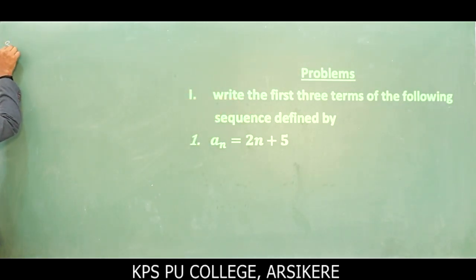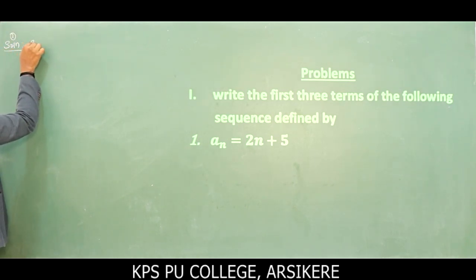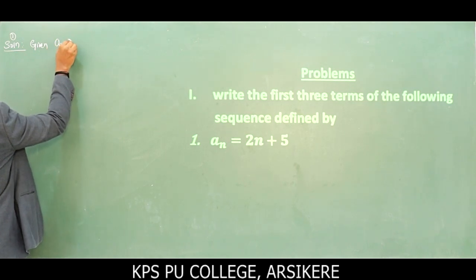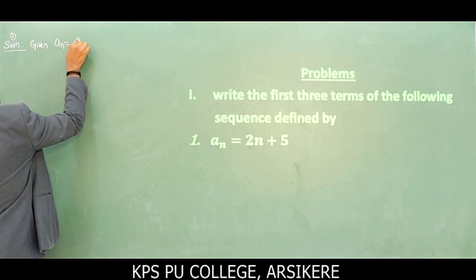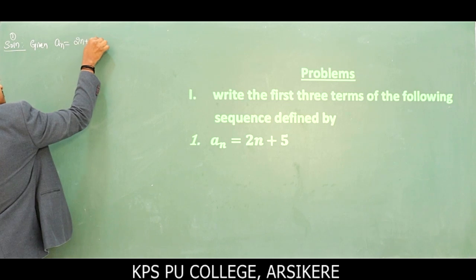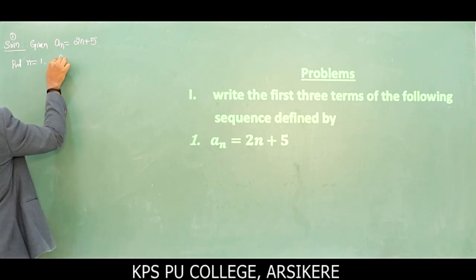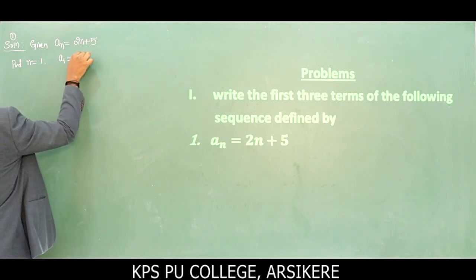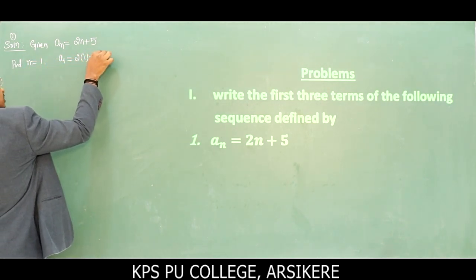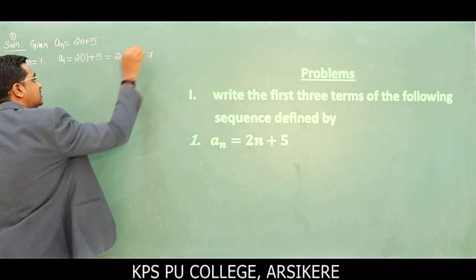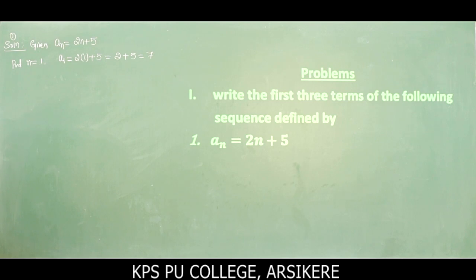Solution for the first one. Given an is equal to 2n plus 5. Put n is equal to 1. We obtain a1 is equal to 2 into 1 plus 5, which is 2 plus 5, obtaining 7. The first term is 7.